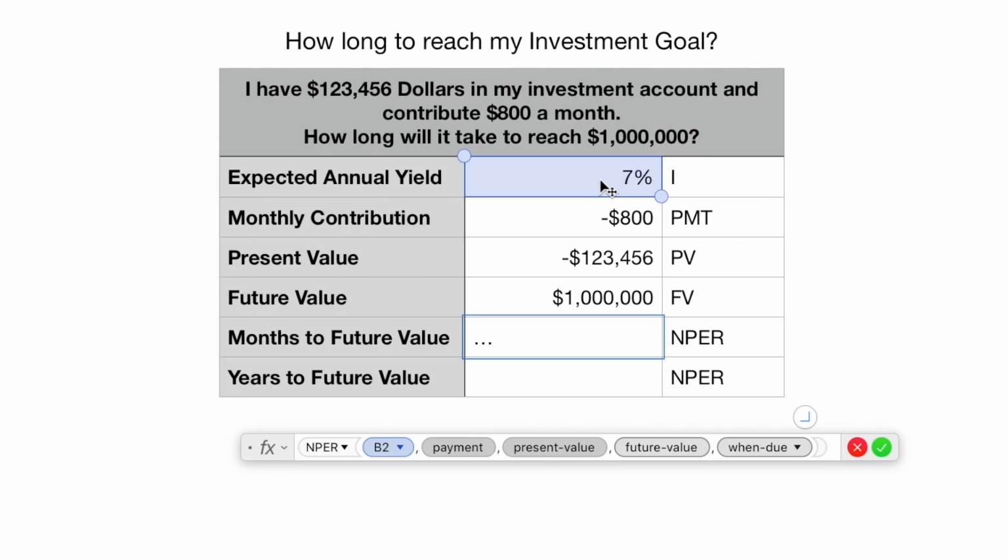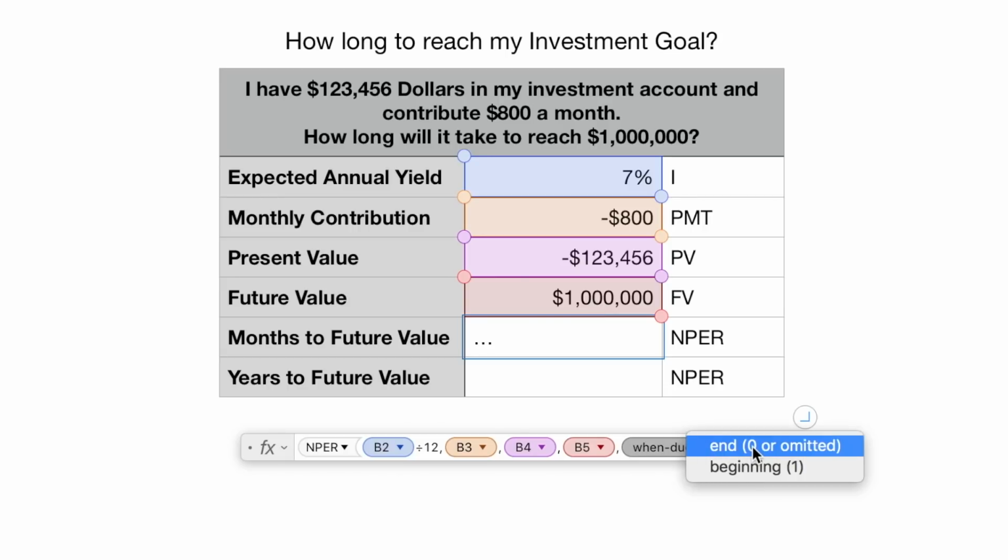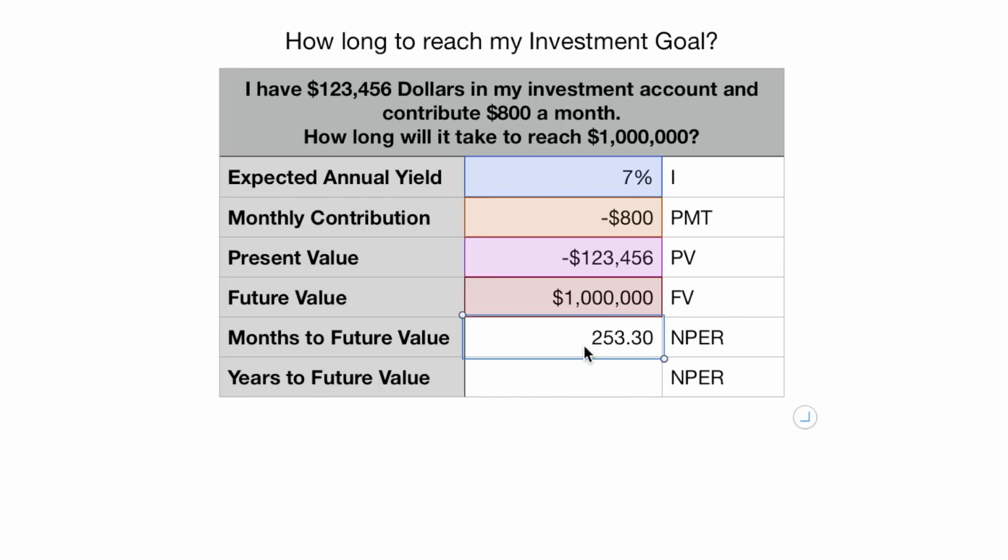So we're going to take 7% and divide it by 12 to calculate the rate of return in months. Now the payment is going to be negative $800. The present value is negative $123,000, and the future value is going to be $1 million. Now, for when due, we can either do end or beginning. We're just going to put 0 for omitted and hit enter.